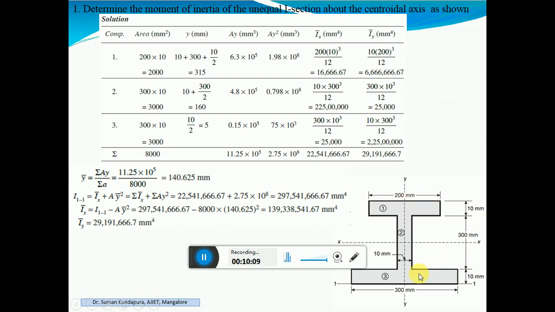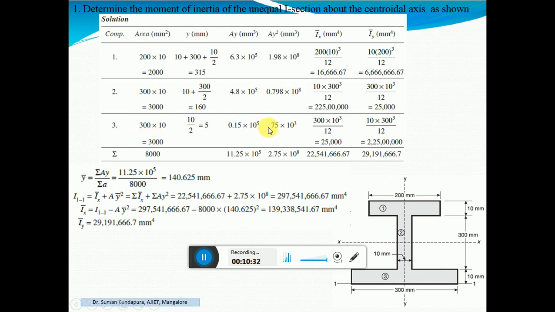Third rectangle is this one, which is 10 depth, 300 width, 300 into 10, 3000. Where is the CG lying? Here, 10 divided by 2, which is 5. Now for both, find out Ay, and area into y squared.